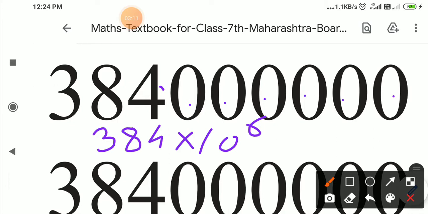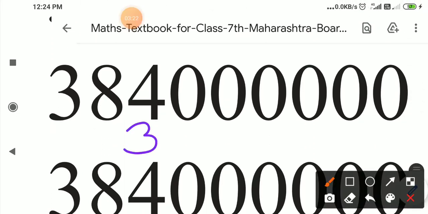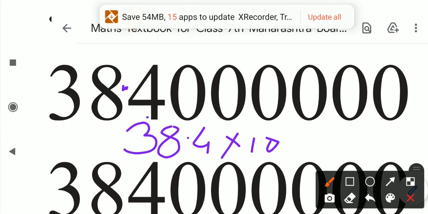Now if I don't want the point there, but take it one digit forward, that is 38.4, how do we write the power of 10? After the point, how many digits are there? 1, 2, 3, 4, 5, 6, 7 digits.